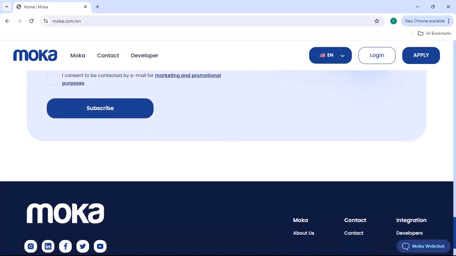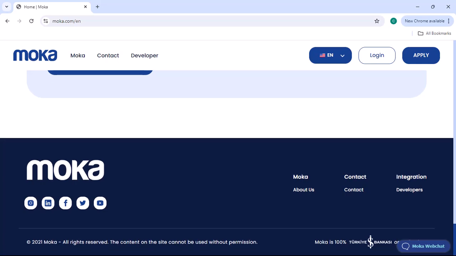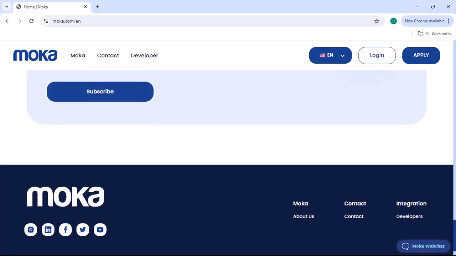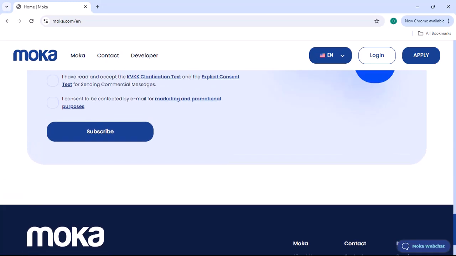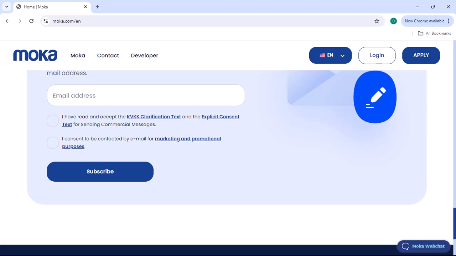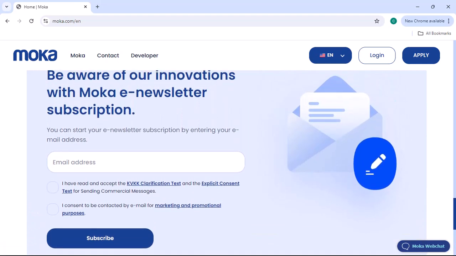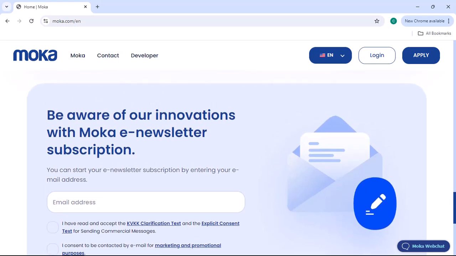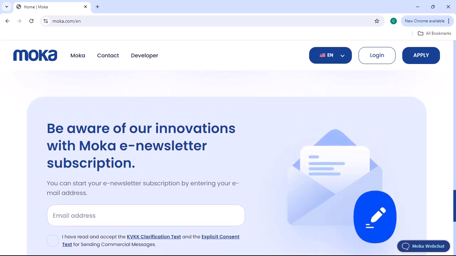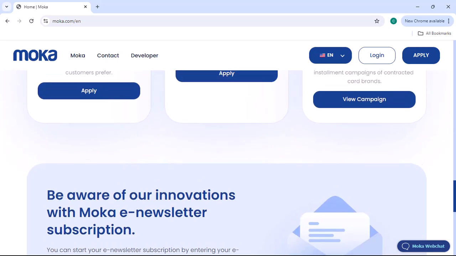Now, let's address some common misconceptions about Moka's fees. Some people mistakenly believe that Moka charges monthly subscription fees. This is generally not the case. Moka's primary revenue comes from the percentage-based transaction fees, not recurring monthly charges. This makes it a very attractive option for small businesses or individuals who don't want to be locked into fixed monthly costs.